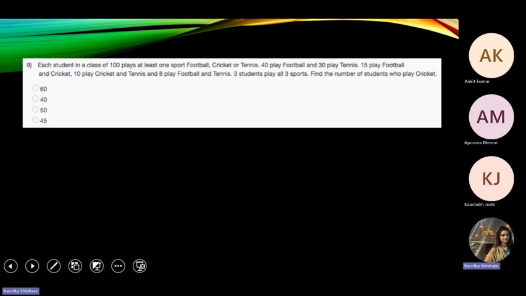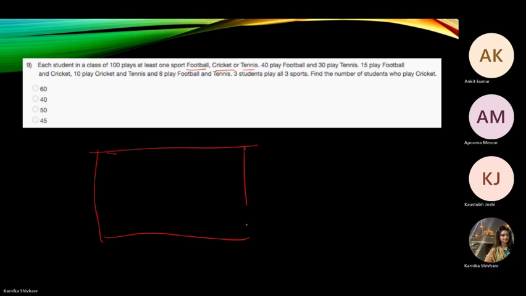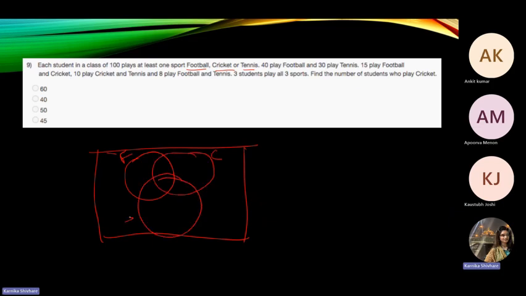Each student in a class of 100 plays at least one sport: football, cricket, or tennis. Let's start doing it directly through a Venn diagram. This is football, this is cricket, and this is tennis.